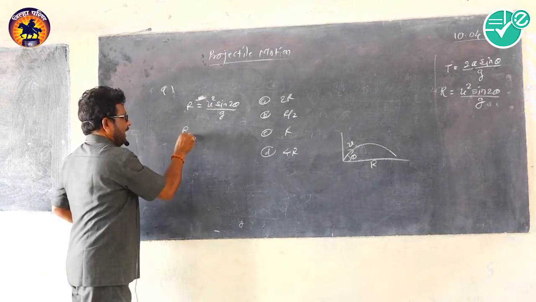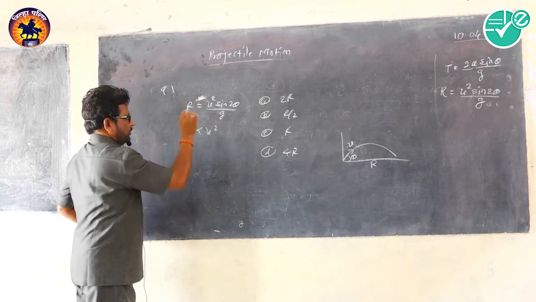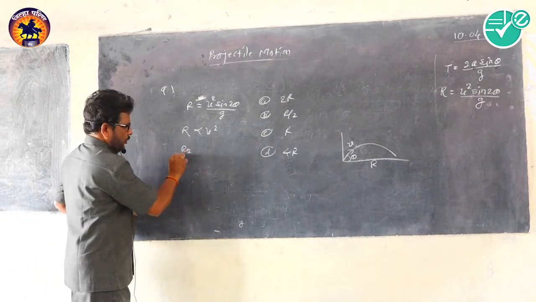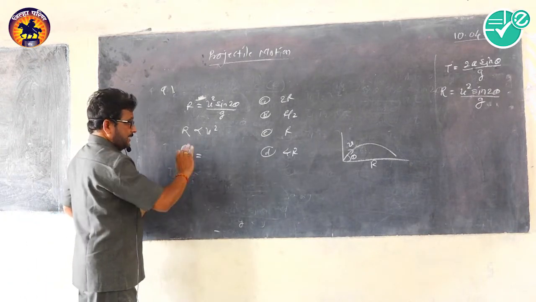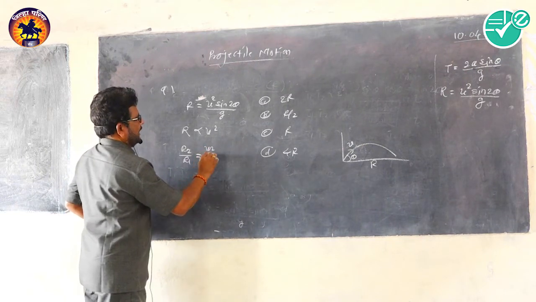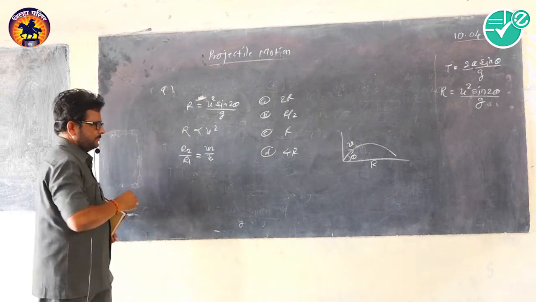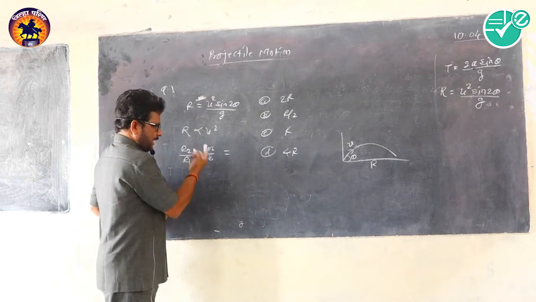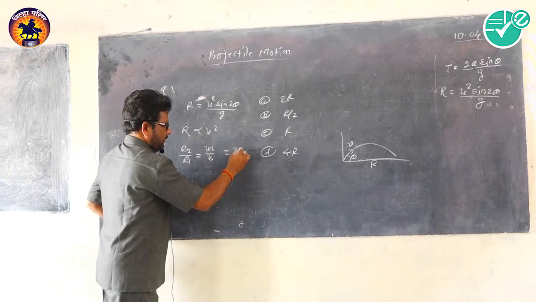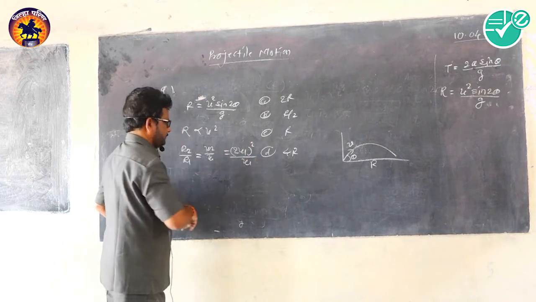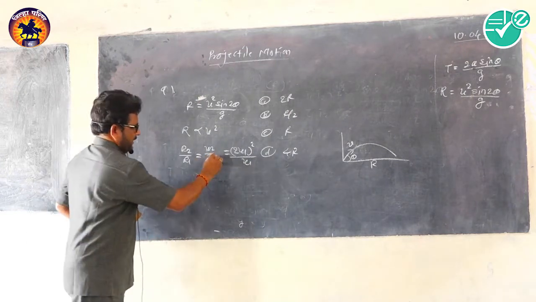So we can write R is directly proportional to u square. And therefore we can write R2 upon R1 is equal to u2 square upon u1 square. But here the initial velocity is doubled. That means u2 is equal to twice u1, so twice u1 square upon u1 square.